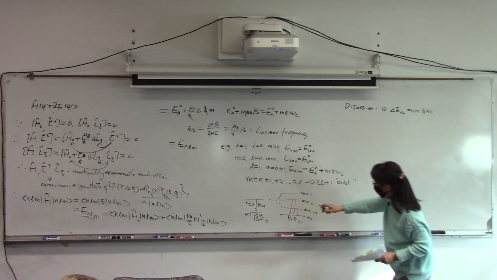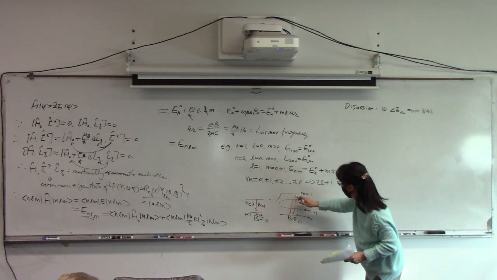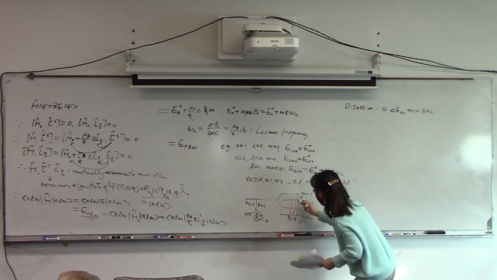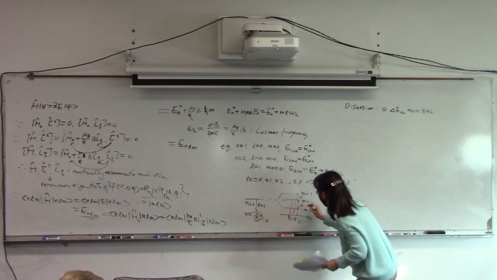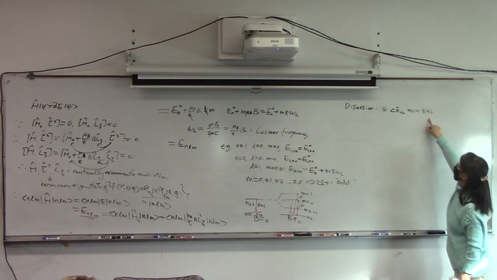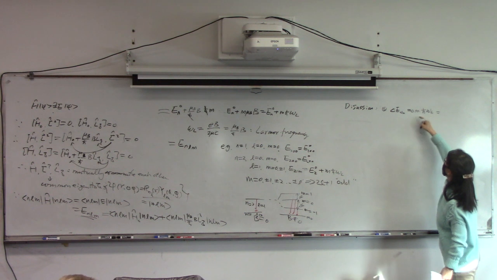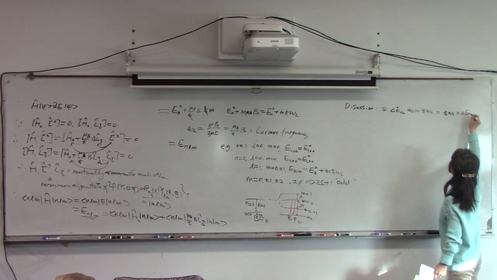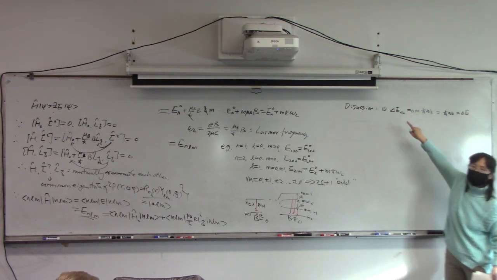That is the energy level here, delta E, and this one is another delta E. So the energy spacing here is independent of m. That is h bar omega L. So that's why we remove this index.